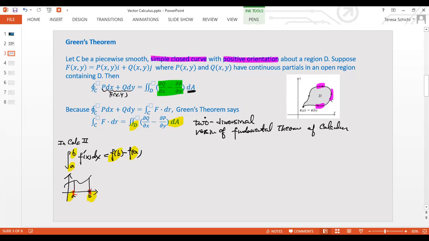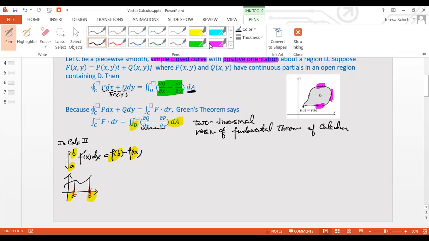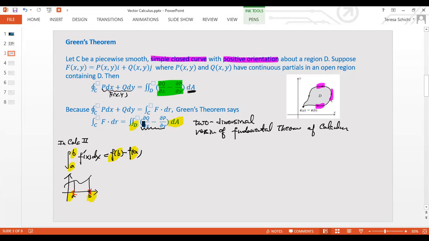Look here, this is kind of like a version of that. This one is similar to f prime of x compared to the x.